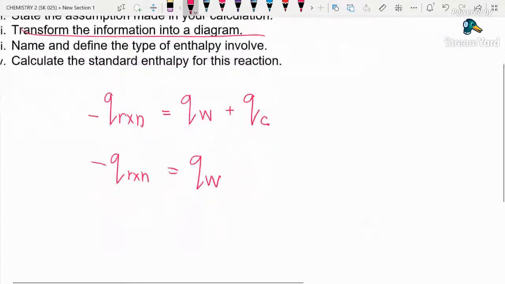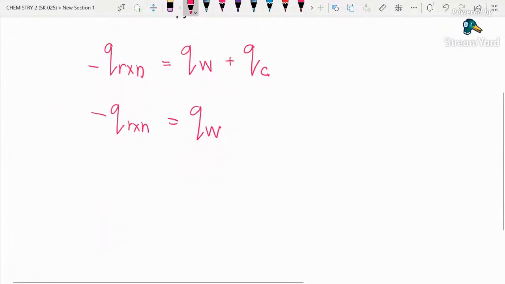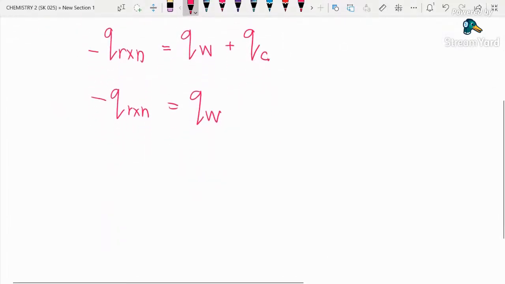Okay, transform into a diagram tak payahlah. Tak kena mengena pun. Okay, and then next, because neutralization refer to the amount ataupun to the mole of water form, we need to have a balanced chemical equation. So mesti tulis.